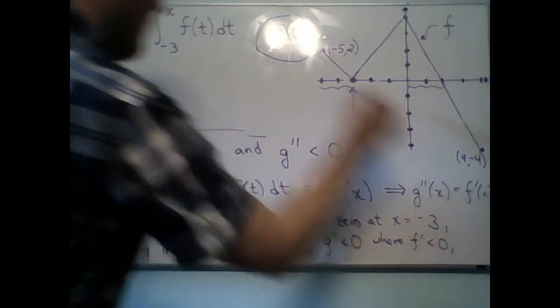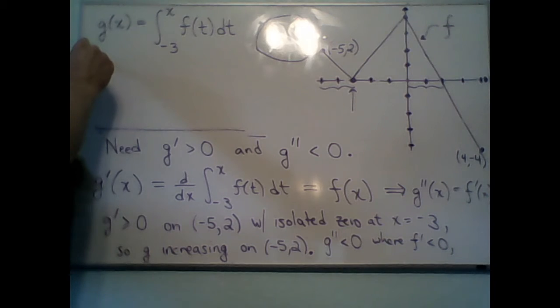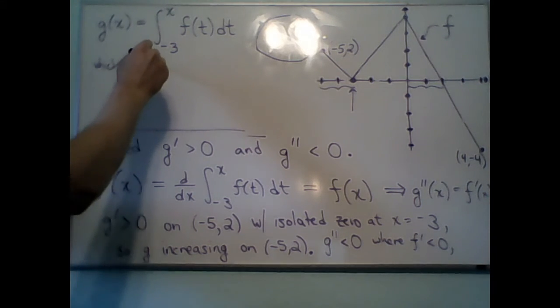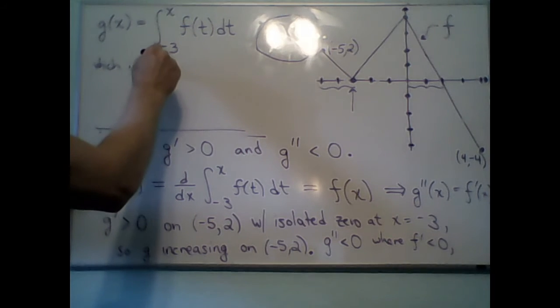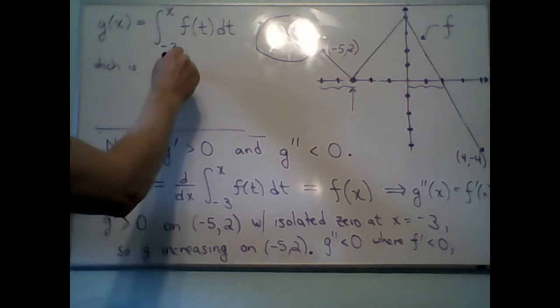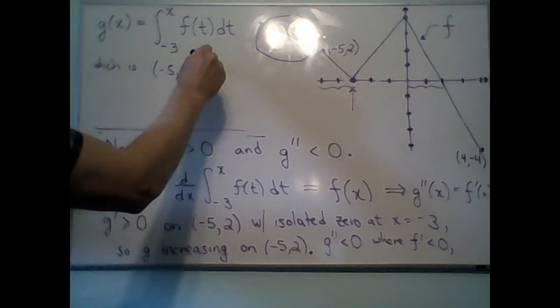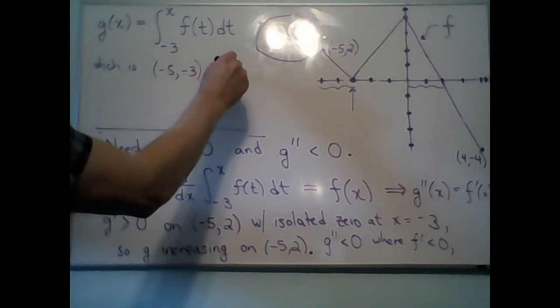come all the way back up here with me, which is -5 up to -3, union together with 0 to 2.